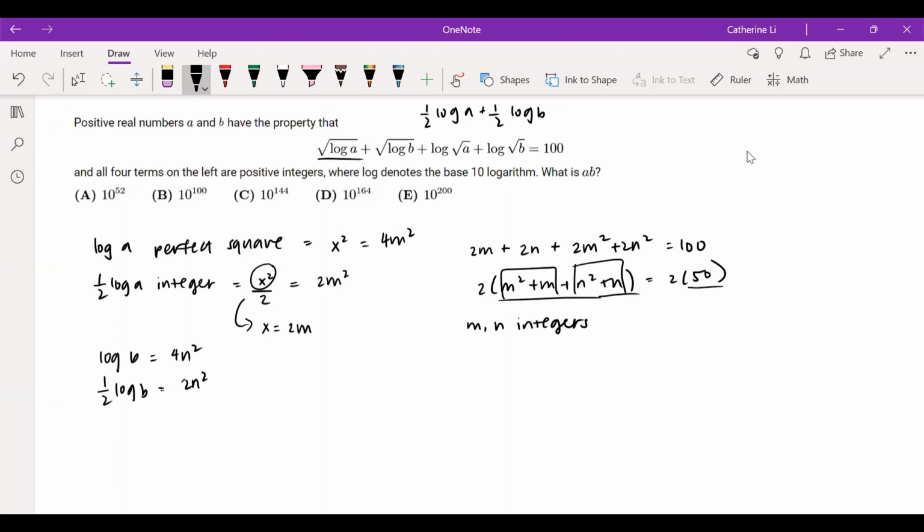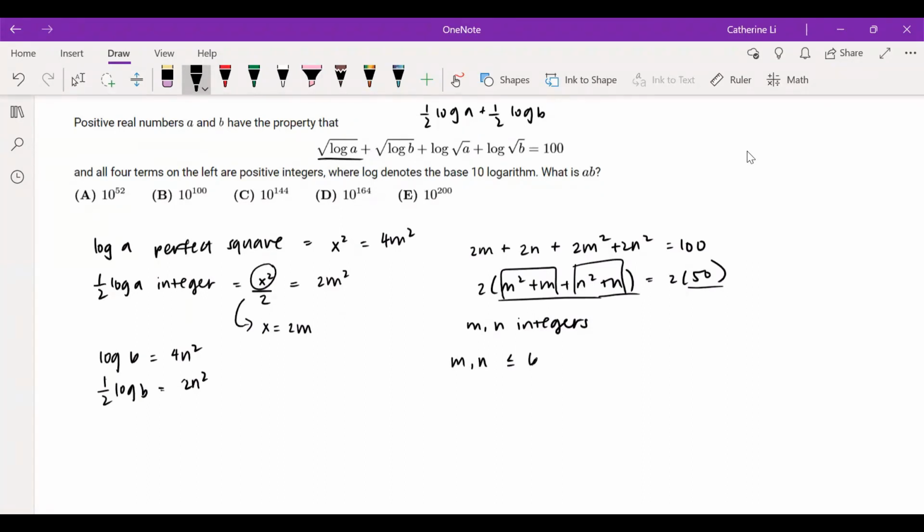So that means that m and n have to be relatively small. And it turns out the biggest they can be is 6, because if you have either of them at least 7, then the whole sum is going to be way too big.